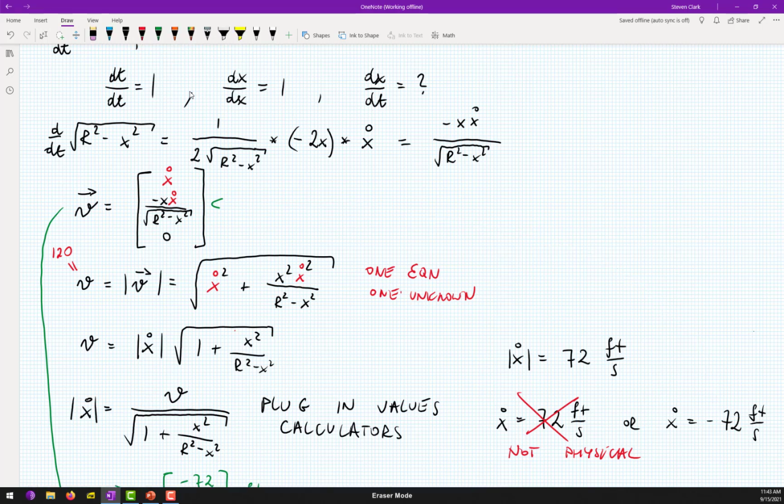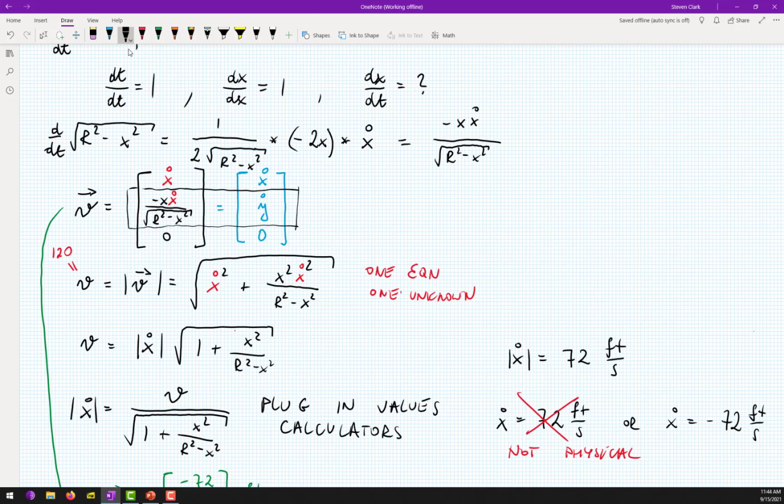I hope that you guys remember that we can always write our velocity in such form: x dot, y dot, and z dot. So I just would like to take this expression right now.